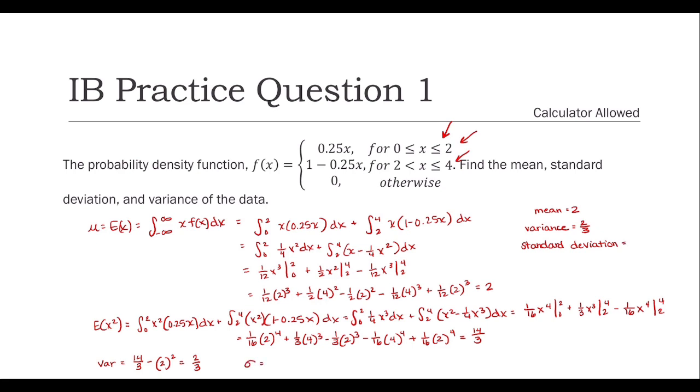So that'll equal the square root of 2/3, which equals the square root of 6 over 3, which is approximately 0.816. So here's your solution to this problem.